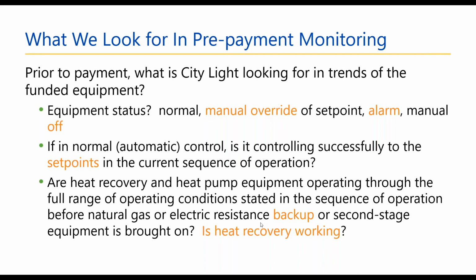And these days, most particularly, I'm concerned about whether or not the high efficiency heat pump or heat recovery system that we're funding is in use rather than the backup, less efficient electric resistance or natural gas system. And most of the time I find when I first go on site, it's switched to the backup system because the more complex high efficiency system isn't yet debugged.